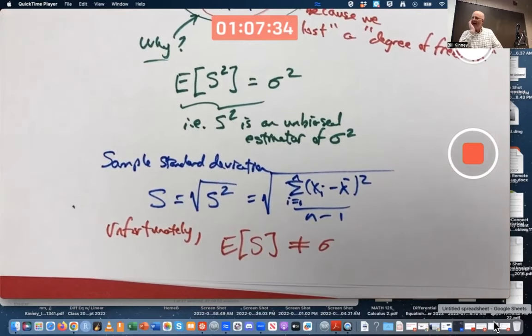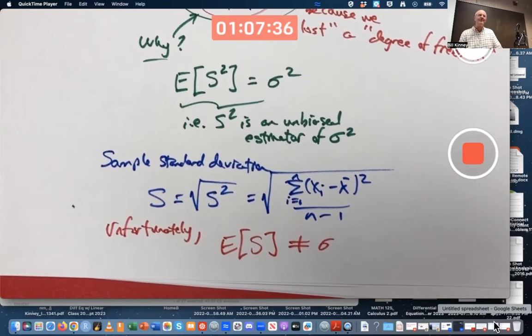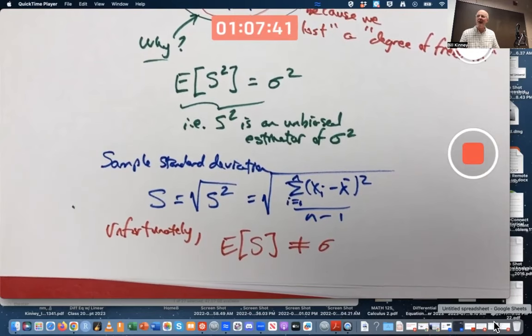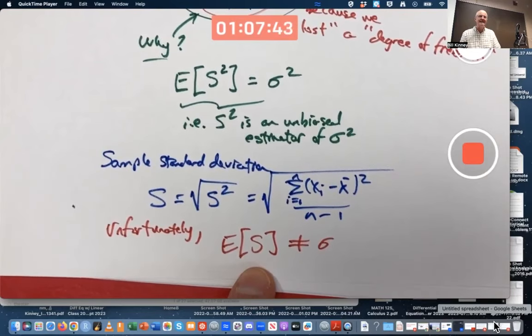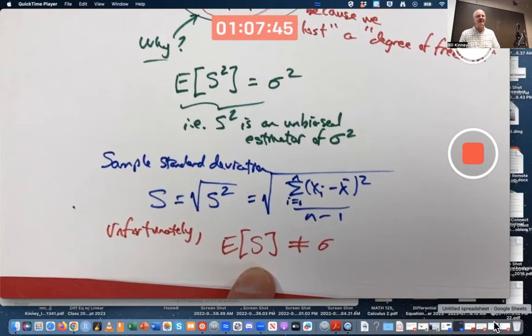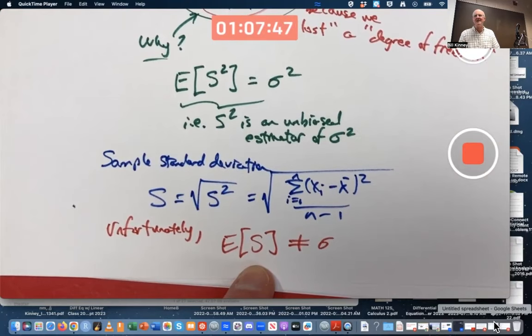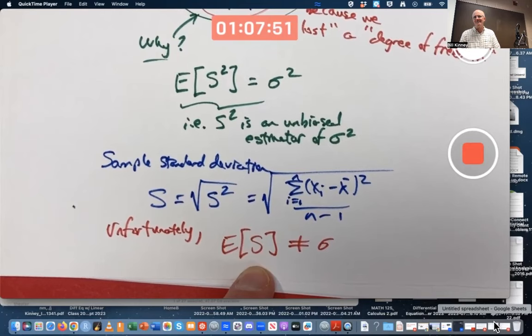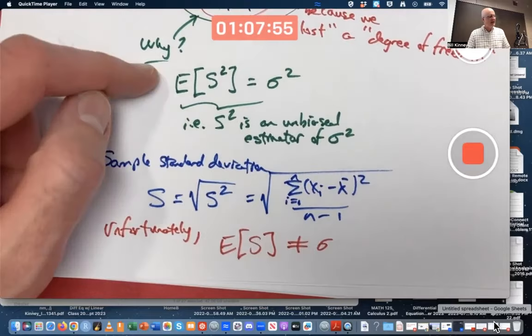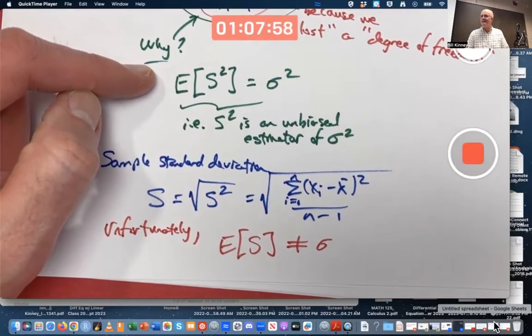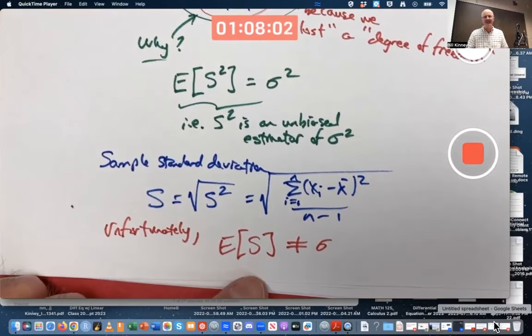Really? Can we come up with an unbiased estimator for sigma? Yeah, we can effectively multiply S by a certain constant to make the resulting thing unbiased, but hardly anybody ever bothers. We just appreciate the fact that S squared is unbiased in estimating sigma squared, but S is not, unfortunately. We just live with it.